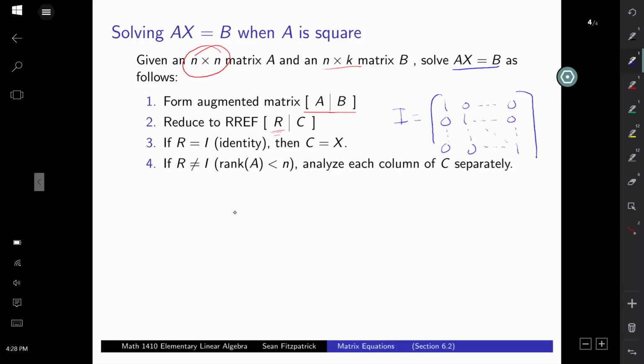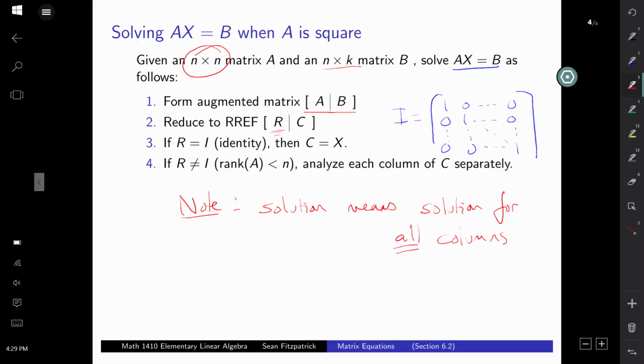If you don't get the identity, that means there's going to be some columns that are missing their leading ones. In the case of a square matrix, that means you're dealing with rows of zeros. Well, when that happens, you're going to have to analyze each one of your columns separately and decide whether or not there's a solution. And the one thing to note here is that in this case, a solution means that you have a solution for all columns.